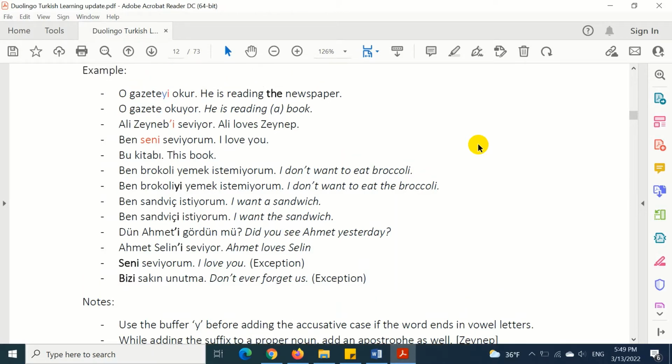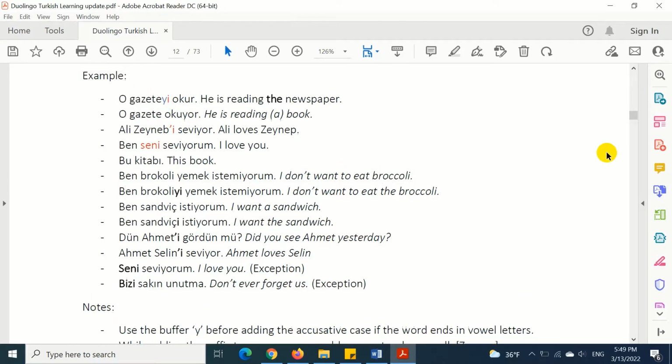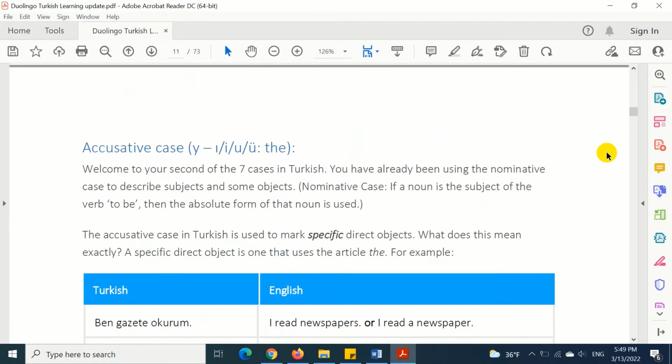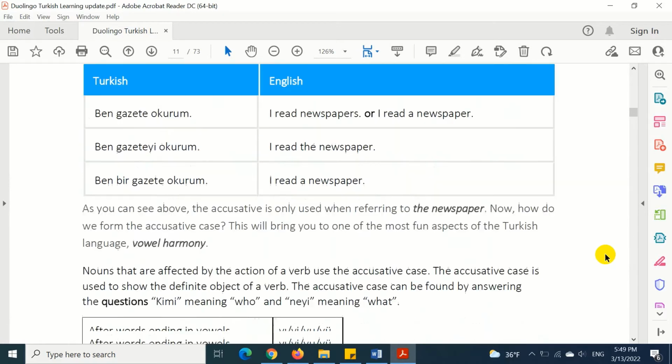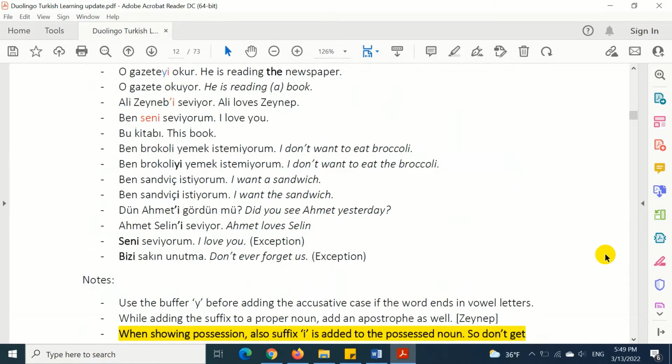So this letter is added just as a buffer to create a space to separate two vowel letters. And which suffix you should choose, you already know, because you already know the vowel harmony, and that is very clear: you are dividing the 8 vowel letters into 4 categories, and considering those 4 categories you are adding your suffix.